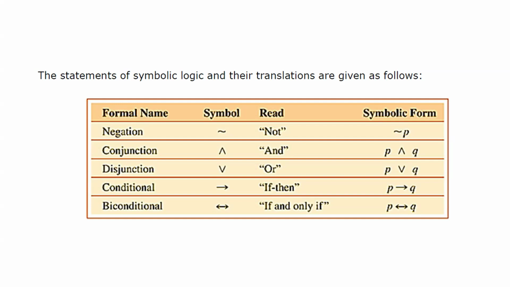So if we're looking at two statements, it would be P and Q. Disjunction has an arrow going down that symbolizes the word or. Conditional is an arrow pointing to the right that symbolizes the phrase if then. So if P then Q, and then biconditional is a double-sided arrow meaning if and only if.